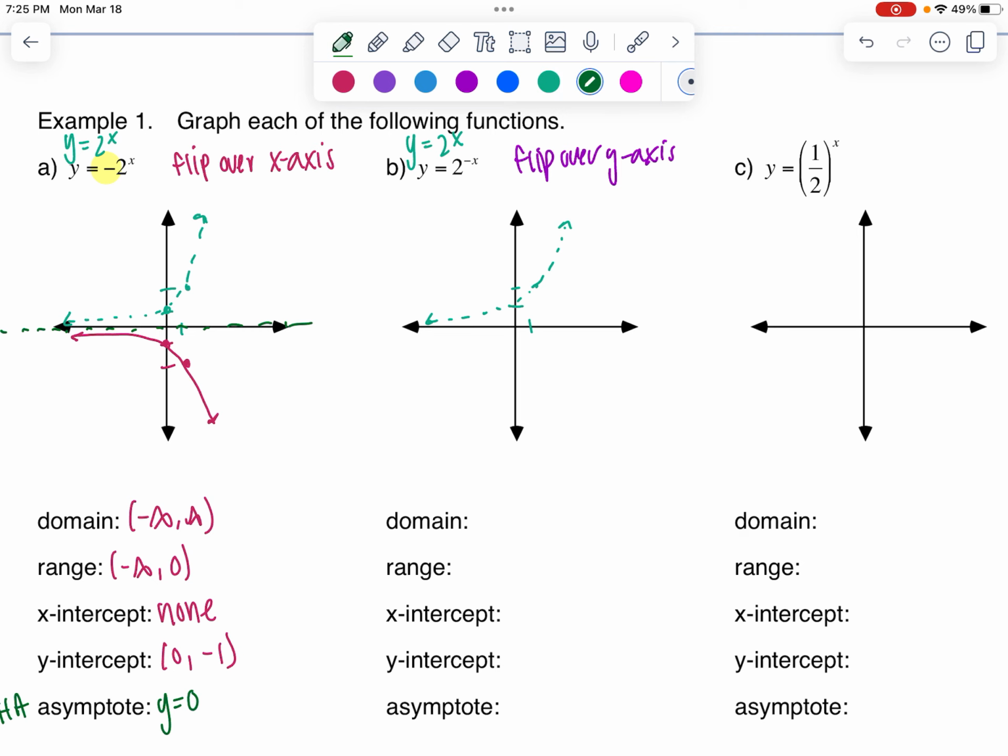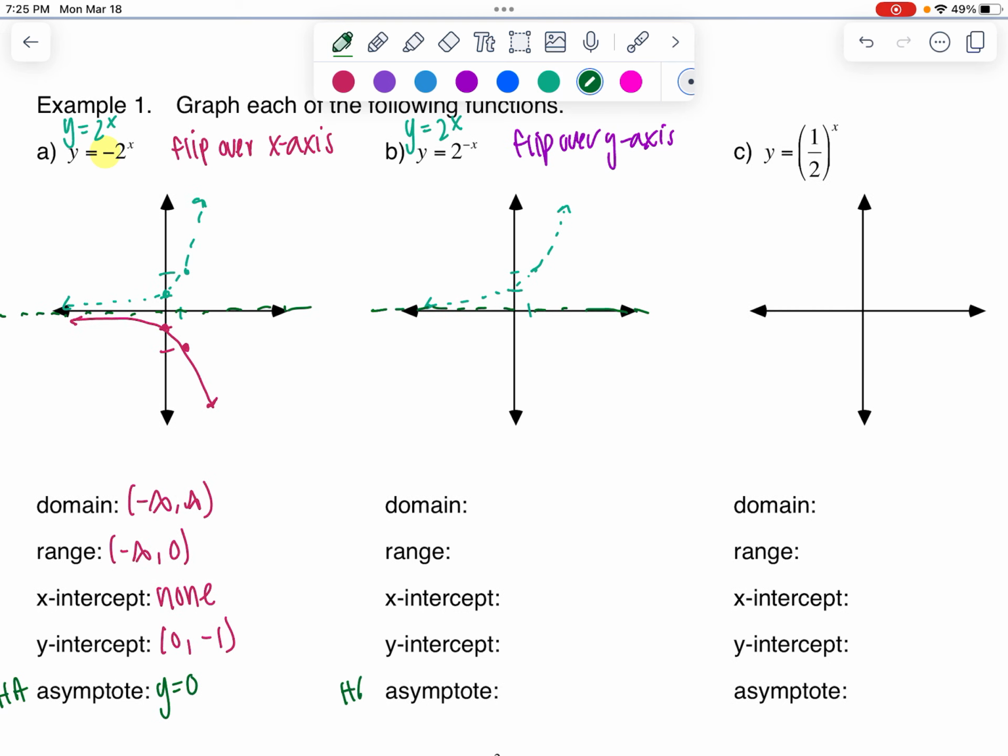We are again still dealing with our horizontal asymptote at y is equal to 0. We're flipping over the y-axis, so (0, 1) stays the same for my y-intercept. This guy then changes, and this is what we look like.